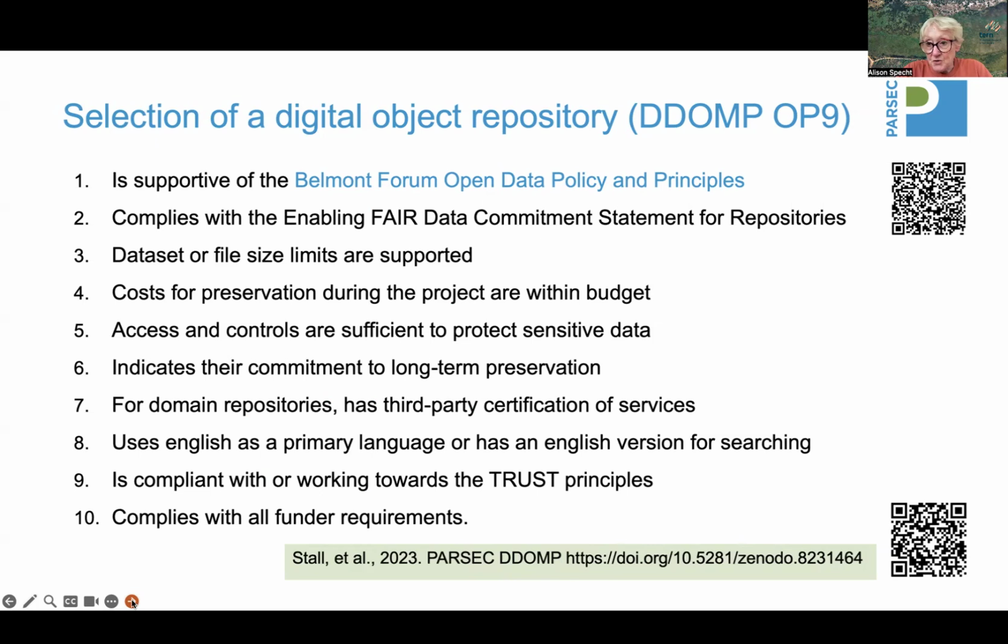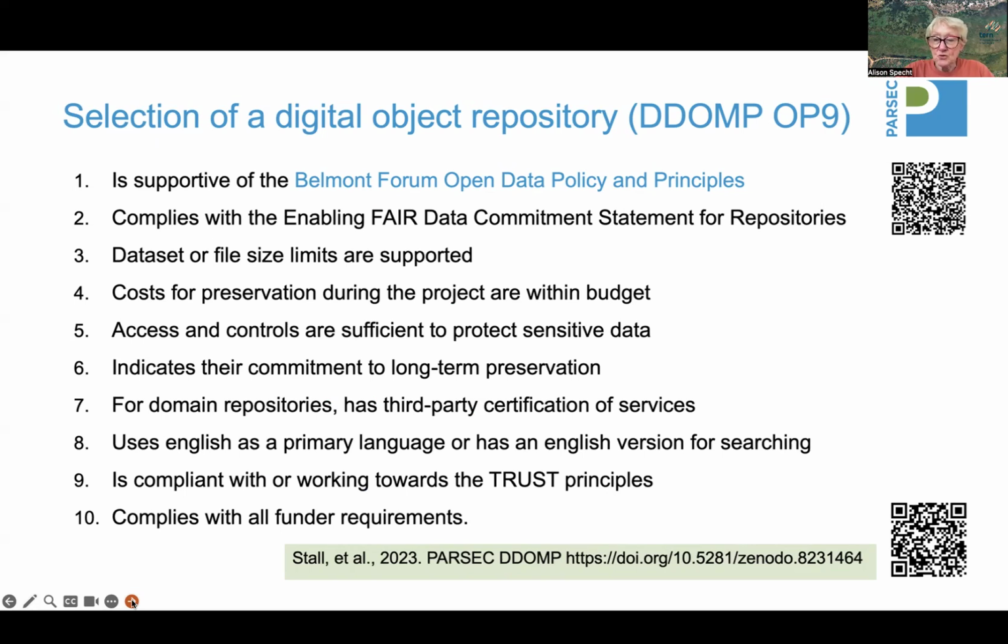For domain repositories, has third-party certification of services, uses English as a primary language, or has an English version for searching. Now, this is important. I mentioned English is an accepted global language. Most people understand. We're very fortunate, us native English speakers. Most people have some sort of rudimentary knowledge, if not much more, of English.